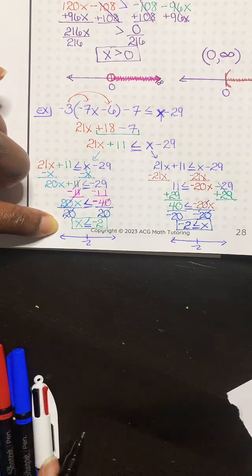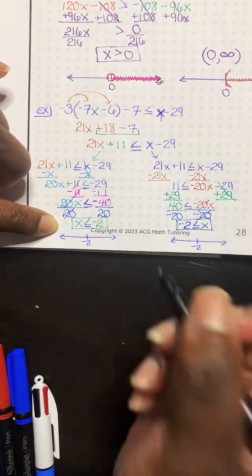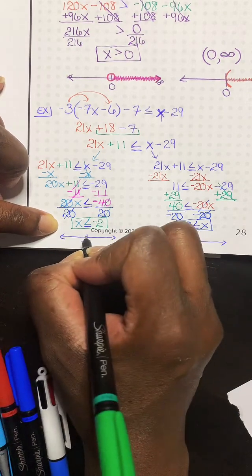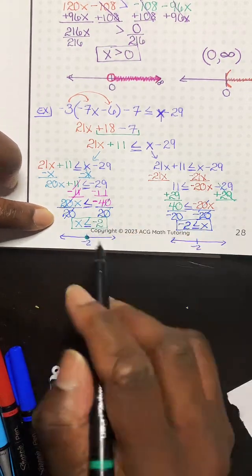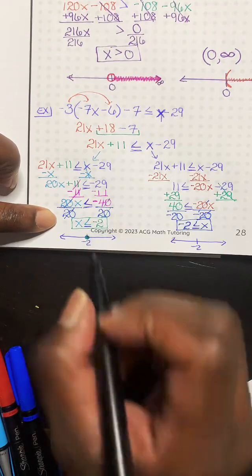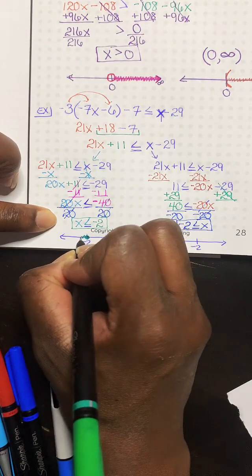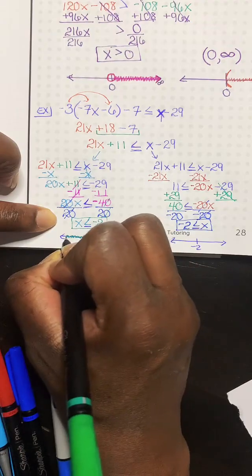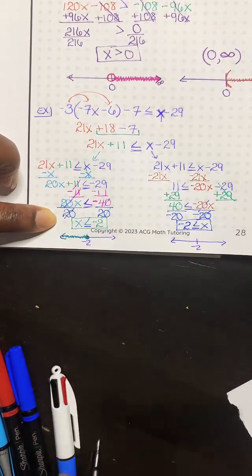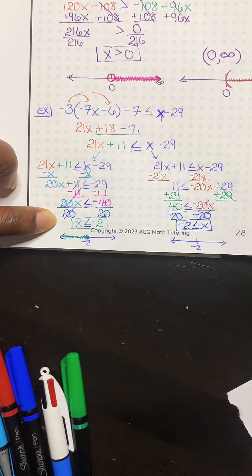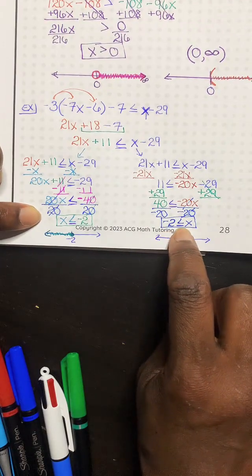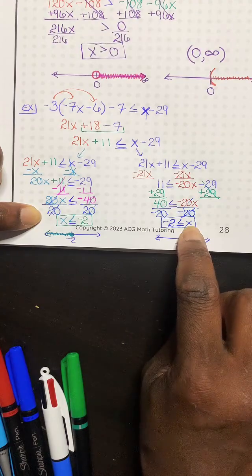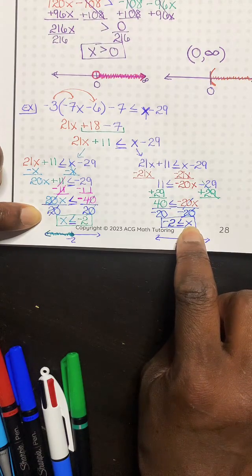Reed saying close. Okay. Since it's that equal to, it's going to be closed. But since it's less than or equal to, that means we're dealing with numbers that are less than negative 2. Okay, so this one is saying negative 2 is less than or equal to x.